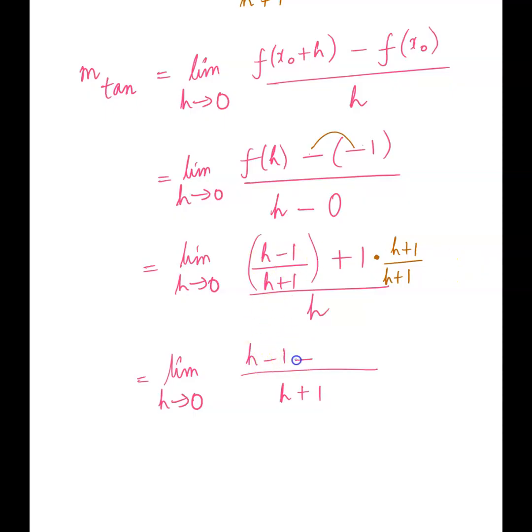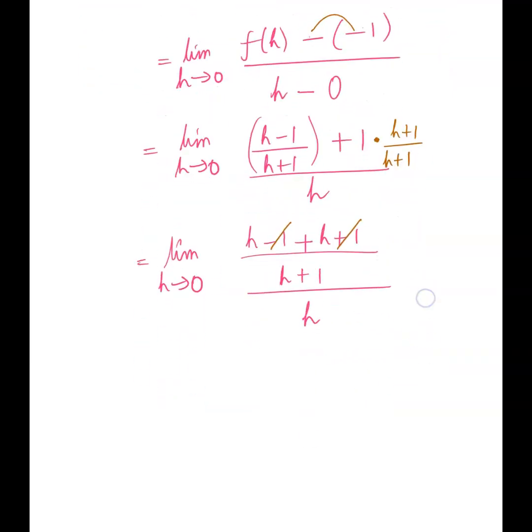So h minus 1 plus h plus 1 and all that over h. And as expected, we would have the non-h terms to cancel away. Okay. So that's the numerator is 2h over h plus 1, right?